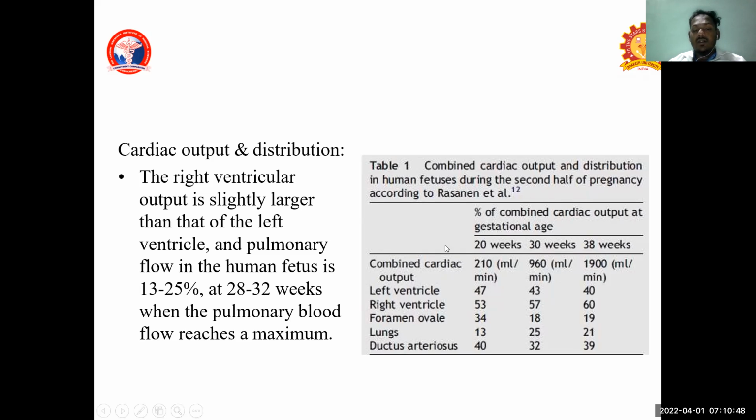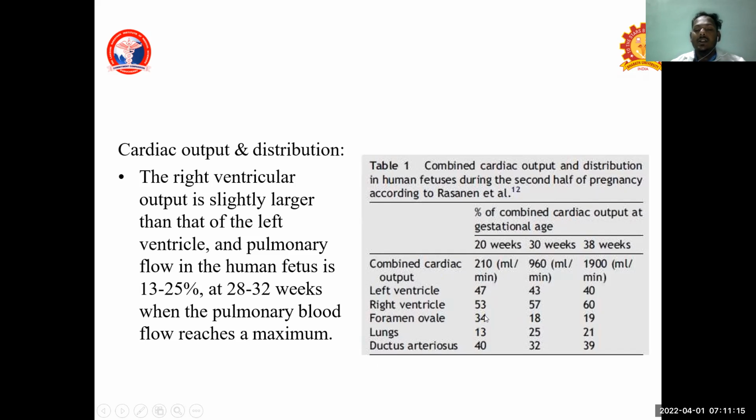The major contribution is from the right ventricle, which is 53 at 20 weeks, 57 at 30 weeks, and 60 at 38 weeks. And the left ventricle contributes around 47 ml per minute at 20 weeks, 43 at 30 weeks, and 40 at 38 weeks.